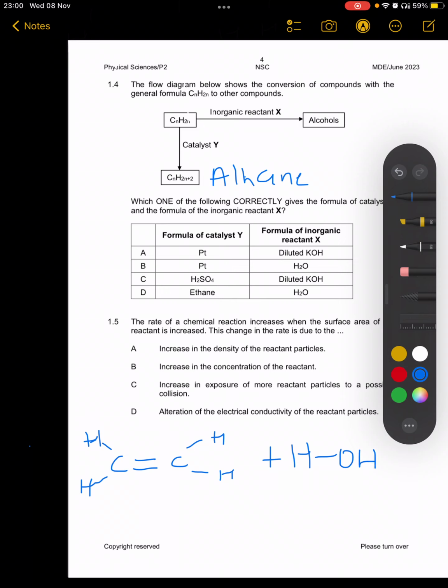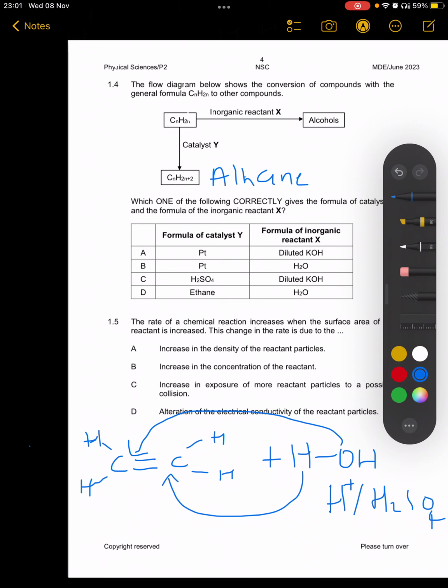Then the water will take the H to here and the OH to there. Since this molecule can just rotate, then it will make us an alcohol. And you work this reaction up with some H+ proton from sulfuric acid. Right. Then that means the inorganic reactant X would be B or D.